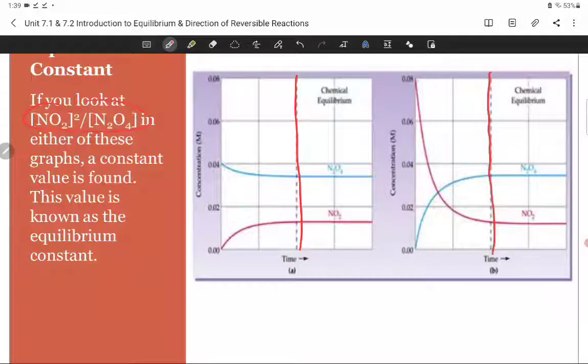At certain times, maybe it favors more going left to right. And then sometimes, depending on what the conditions are, the reaction is more favored to go from right to left.